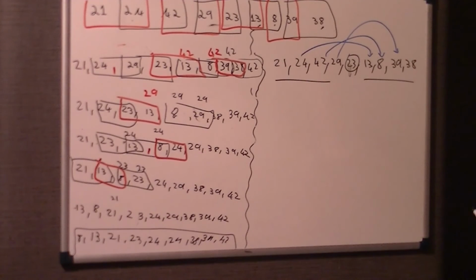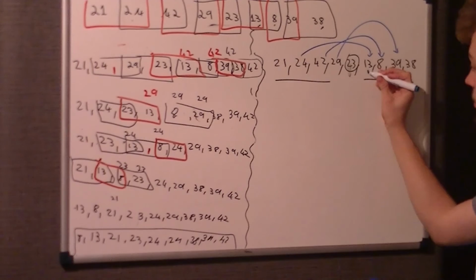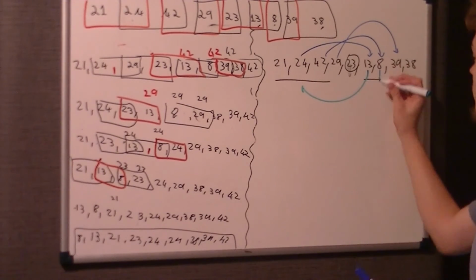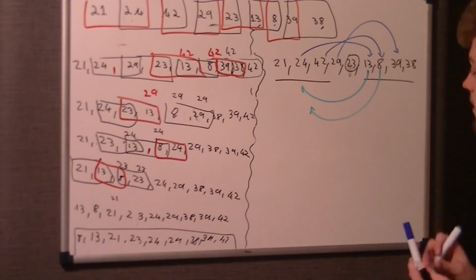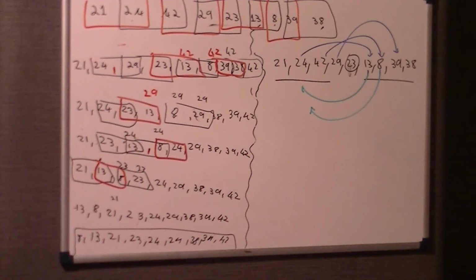And over to the left hand side we move 13 and 8. The rest stay where they are. So how do we write this all out? Well, it's quite simple really. Obviously we don't want to change the order of them, otherwise that's going to make a bit of a mess.